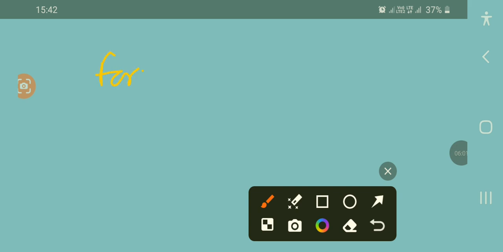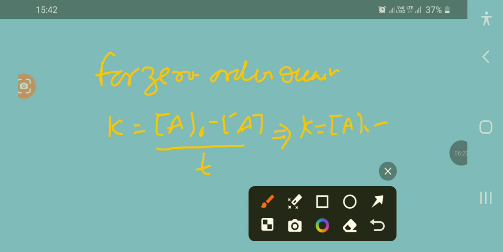For zero order reaction, k equal to a naught minus a by t, implies k equal to a naught minus a naught by 2, and in place of t we can write t half.